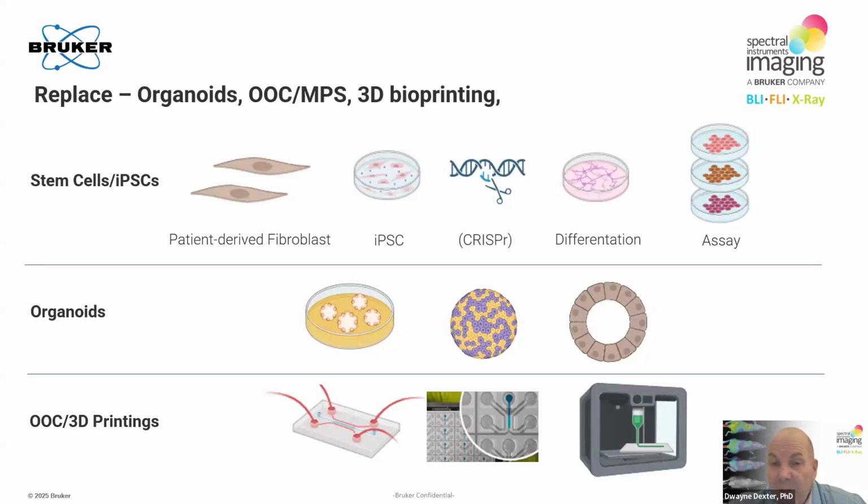We can also deploy CRISPR here, where we can start to repair mutations or induce mutations in these model systems. So a pretty powerful tool that is allowing us to do a better patient-centric research and moving away from some of the classic immortalized cell lines that we've traditionally used.